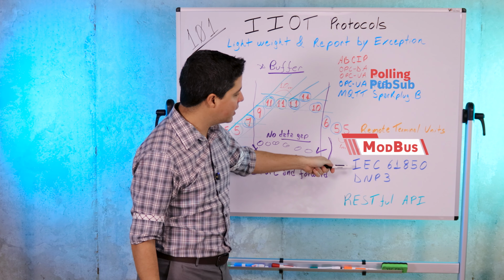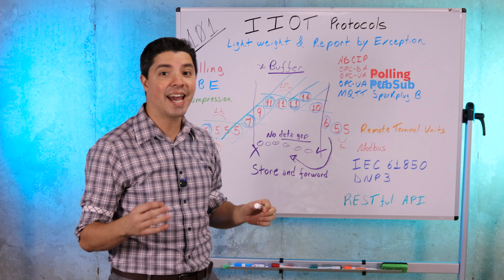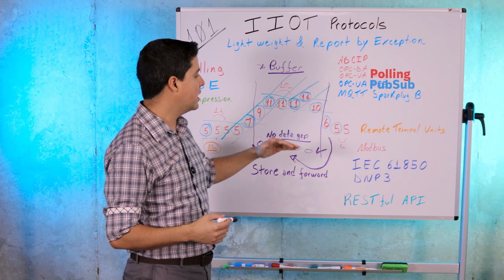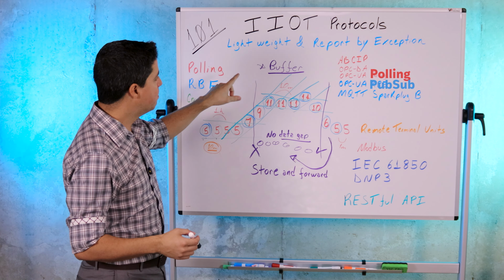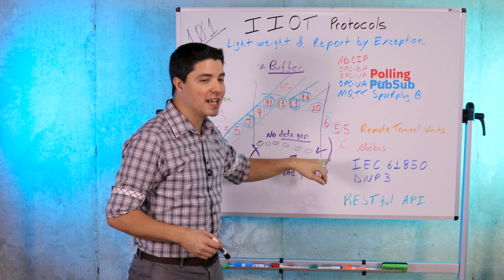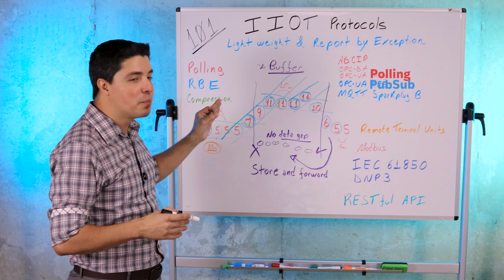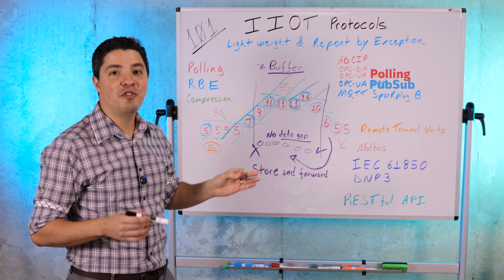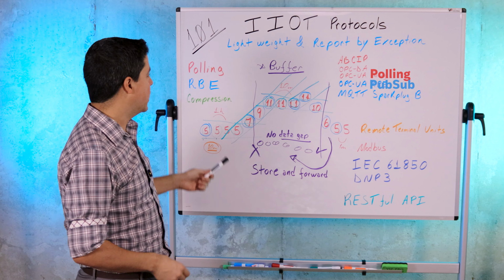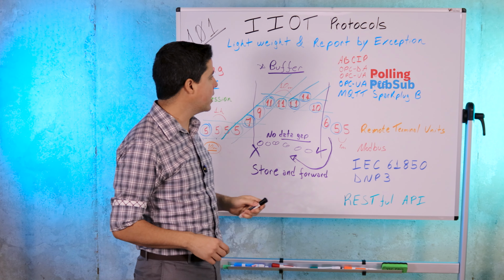I use a lot of these IEC 61850, okay, intelligent relays. Now we're talking about logic, we're talking about buffering, about watchdog, we're talking about report by exception. I present this exactly same presentation for over 15 years, okay, where I talk about all these points, okay? And I teach a lot of people about it.